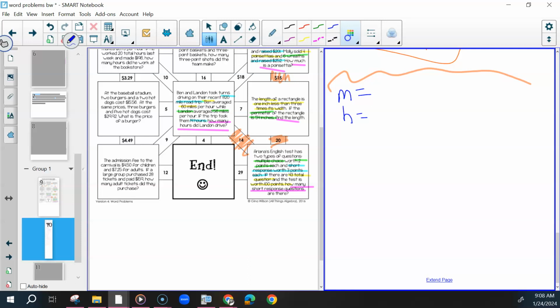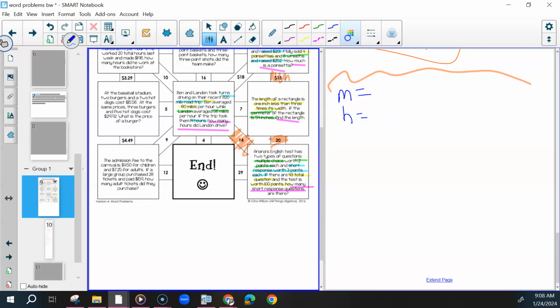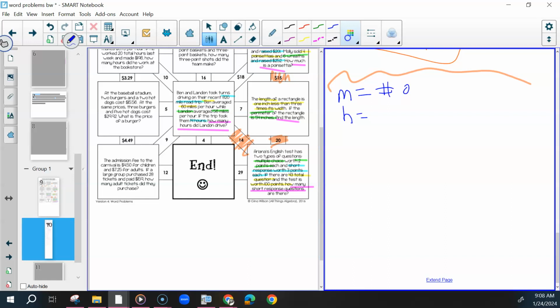M is going to be for who? Ben. Okay. So this wouldn't be number of miles though, because we know that. What don't we know? Number of hours. The number of hours each one drove.